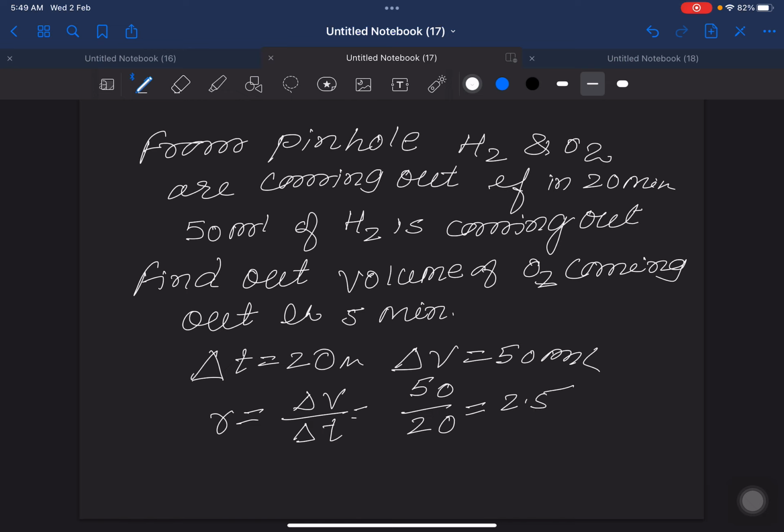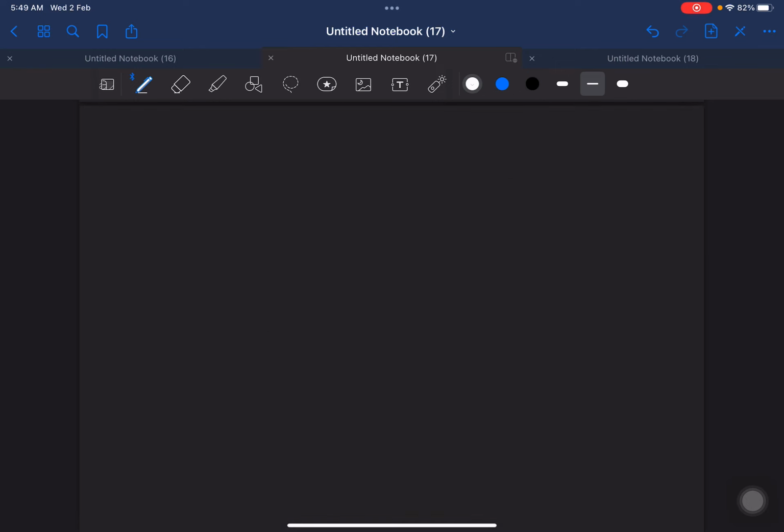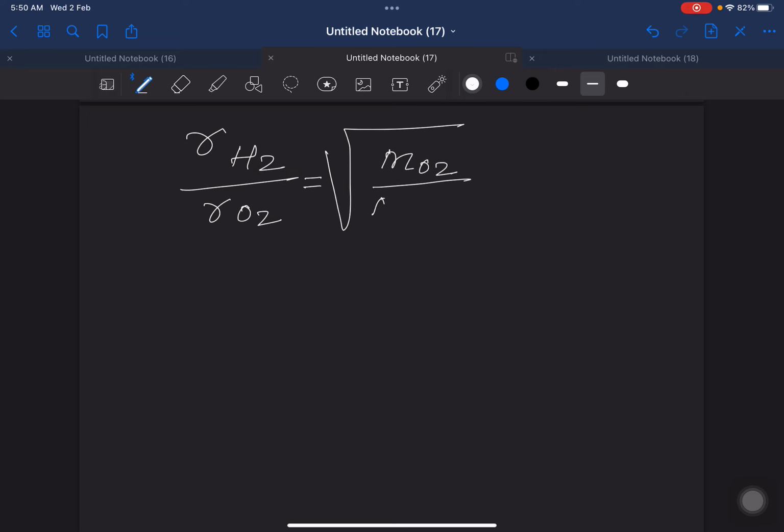We know that R1 upon R2 is equal to under root of M1 upon M2. तो हम लोग लिख सकते हैं यहाँ पे R H2 upon R O2 is equal to MO2 upon M H2.